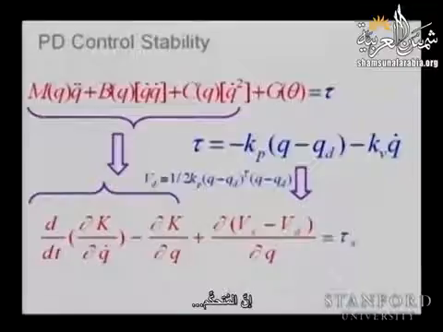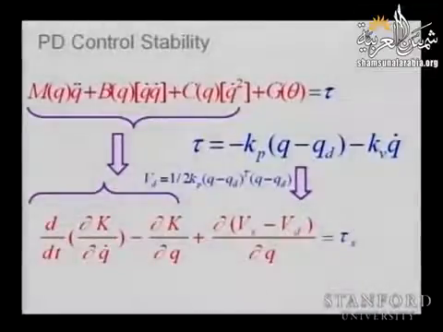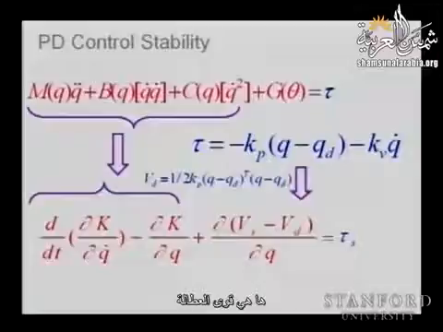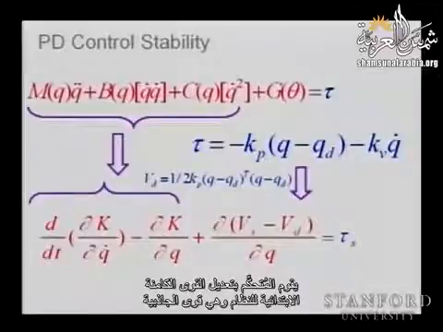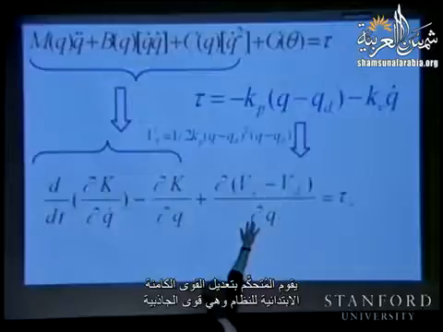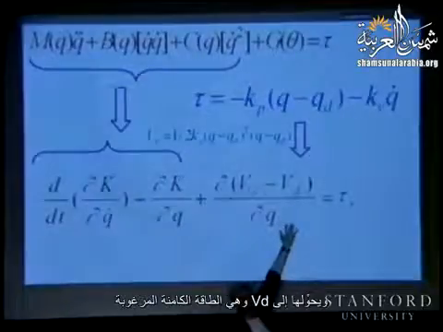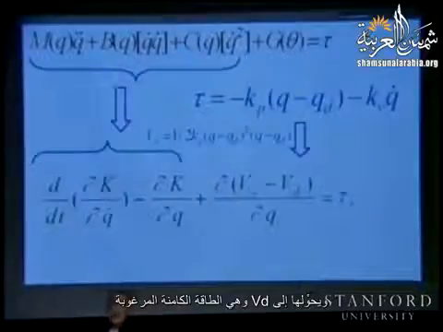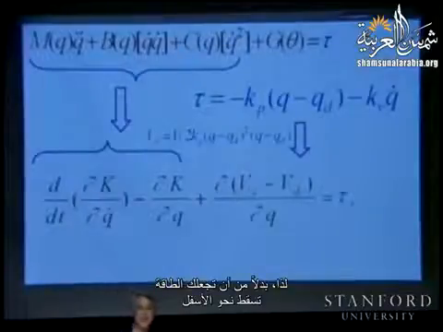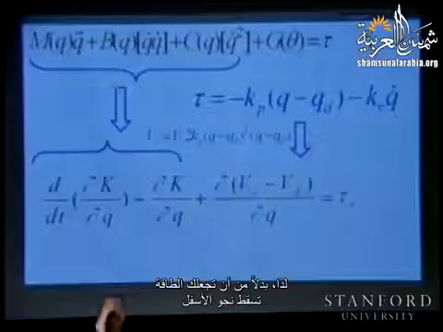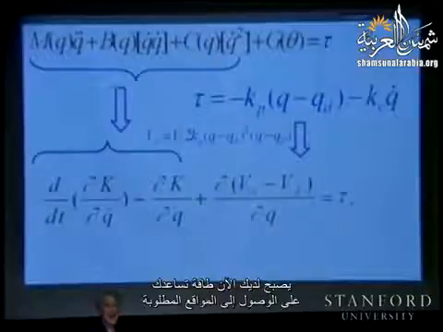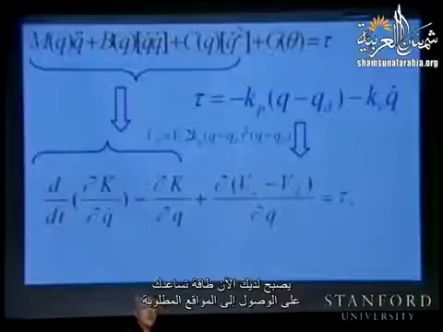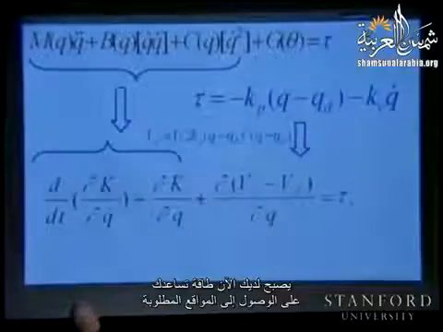Here are the inertial forces, and your control is modifying the initial potential energy of the system, which is the gravity forces, to change it to Vd, the desired potential energy. So instead of having energy making you fall down, now you have energy that is going to help you go to those desired goal positions.